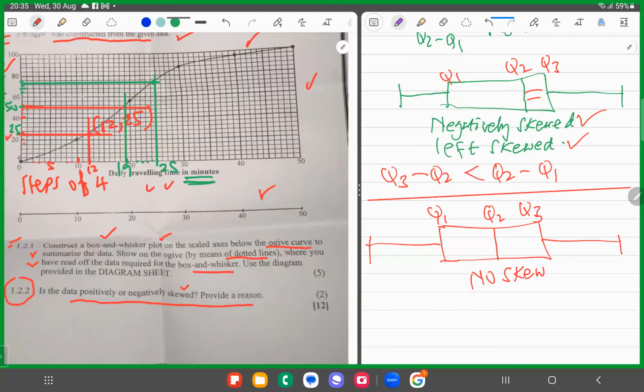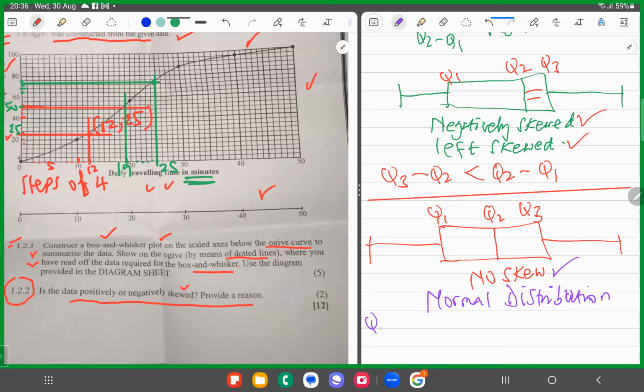But I will say to you, when it comes to no skew, it is something we call the normal distribution in statistics. Normal distribution.